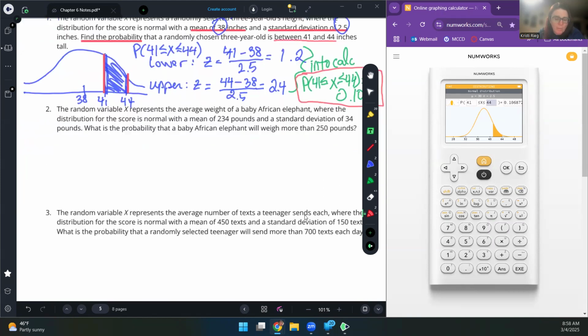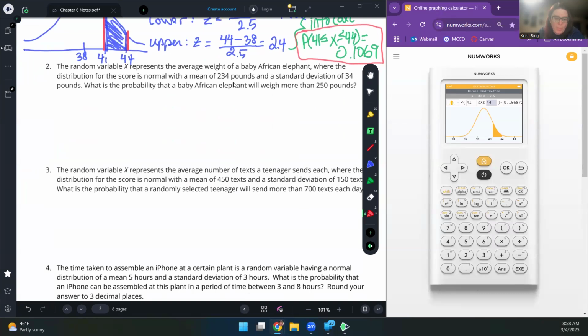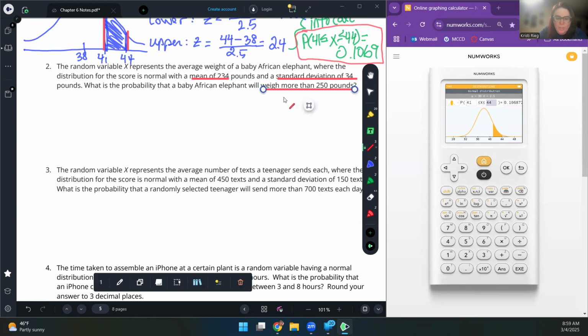So let's try that with number 3. We have the average weight of a baby elephant where the distribution is normal, and we have a mean of 234 pounds and a standard deviation of 34 pounds. What is the probability that that baby elephant will weigh more than 250 pounds?